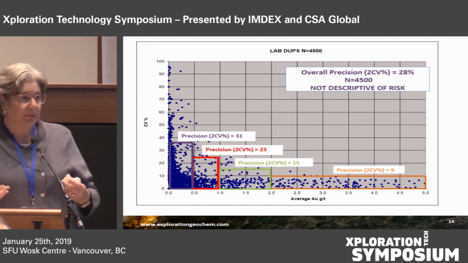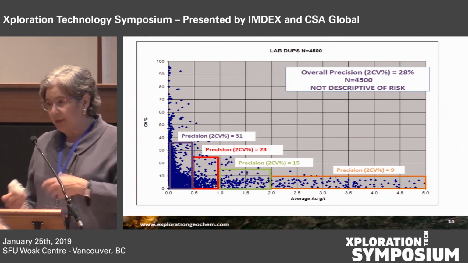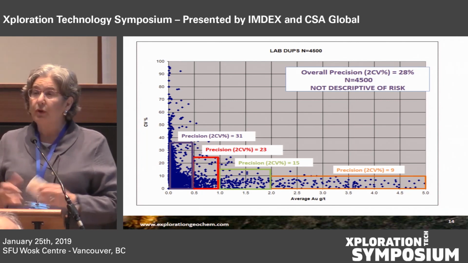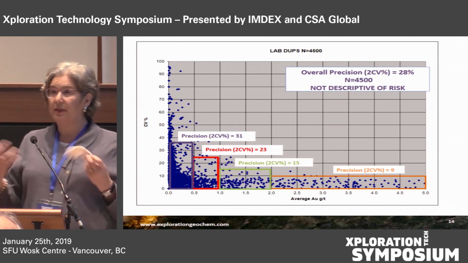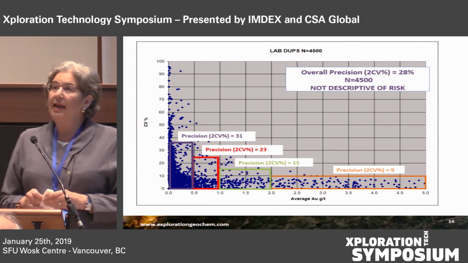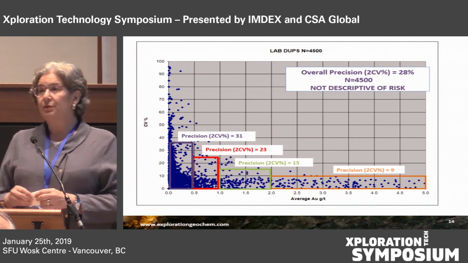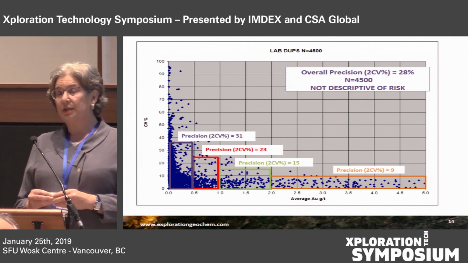So again, I just am showing you another case of similar data, 4,500 lab duplicates, so you can tell this was a rather large data set. And again, this time I'm showing on the y-axis the CV percent, and the average gold on the x-axis.